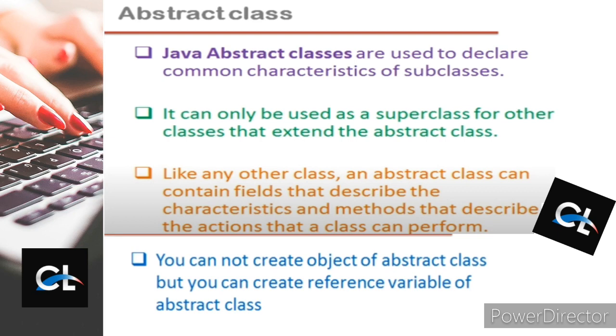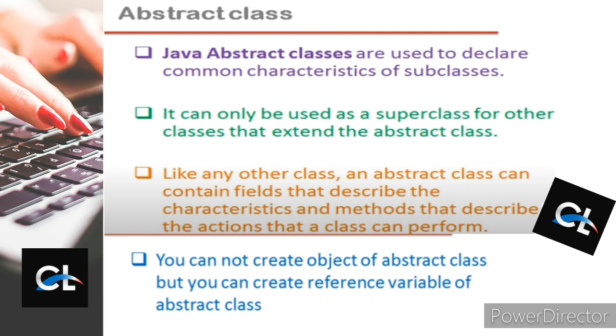Like any other class, an abstract class can contain fields that describe the characteristics and methods that describe the actions that class can perform. Another one, if I use an abstract class, what I told earlier also, we cannot create object. But on the other hand, we can create reference variables of abstract class.